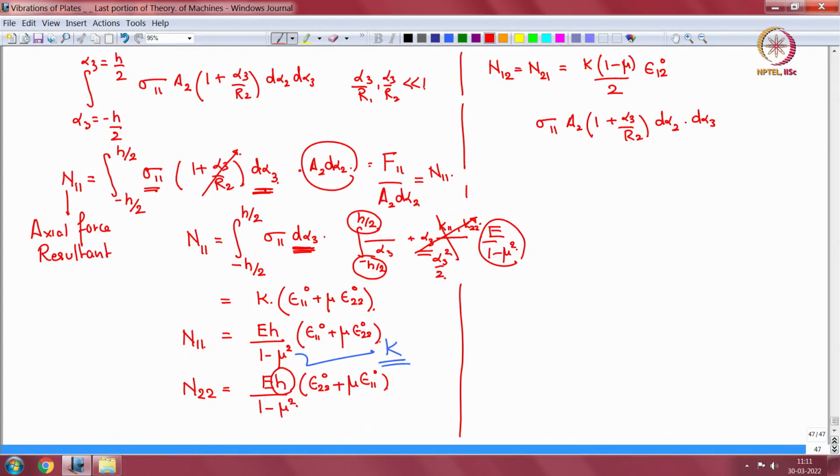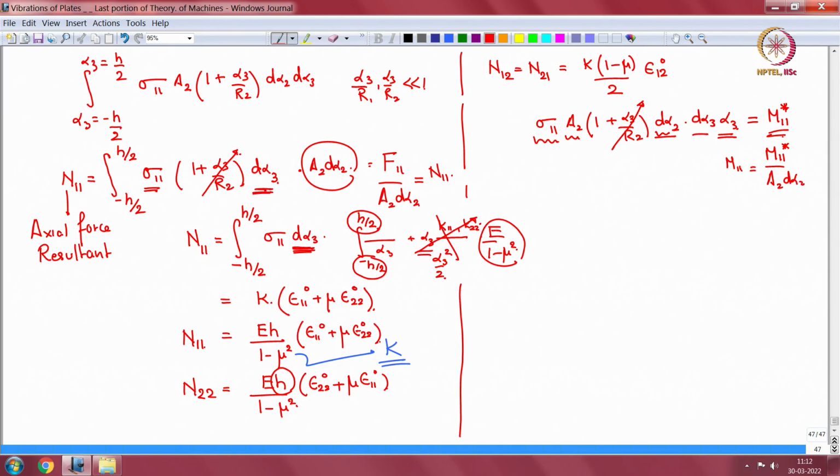We multiply by one more alpha 3. Okay. So this is now a full moment. So let me call it M11 star, it is a full moment unit. Stress into area, full force into length, full moment. Okay. So here we will again drop alpha 3 by R2, okay, and A2 d alpha 2 comes in the denominator. So M11 star over A2 d alpha 2. So the resultant is M11, the moment resultant.